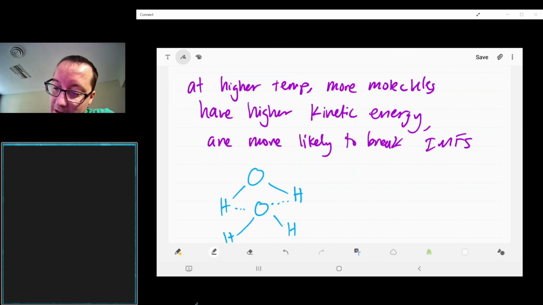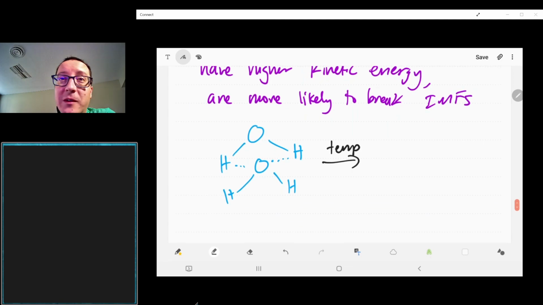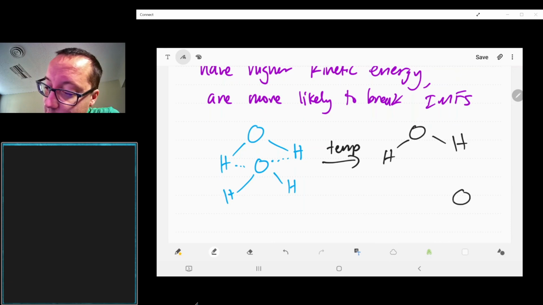And so with high temperature, because that water molecule is moving faster, it's going to rip itself out of that happy interaction. It can now just do its own thing, where they'll have completely ripped apart.